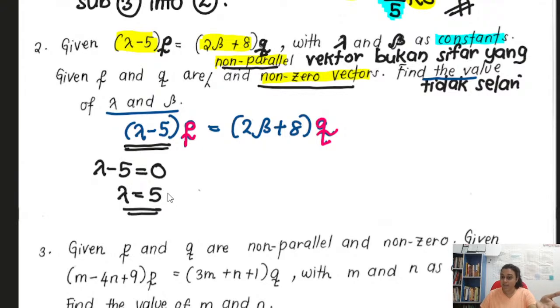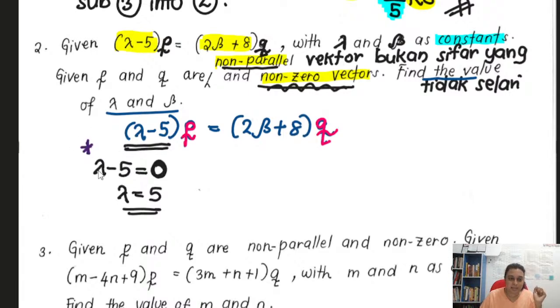See, you already get a value. So correct, it is not zero, bukan sifar, lambda ada value. But to get the value, you must make it equal to 0. That's what teacher wants you all to remember.